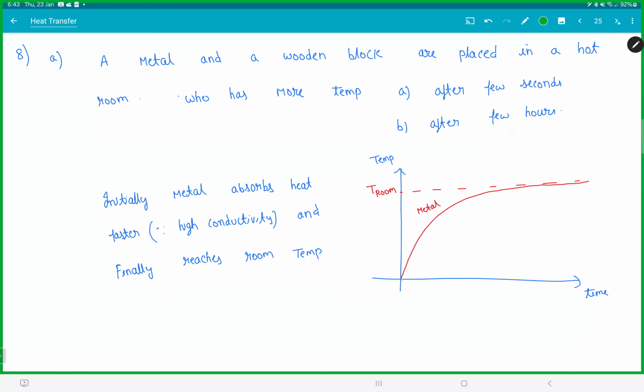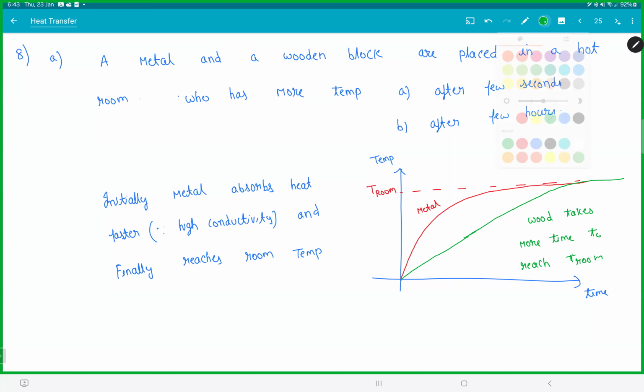Whereas wood will take time gradually, but eventually it will also reach, because of low conductivity. You're getting it? Just after a few seconds, the metal will have more. But if you keep it long enough, both will be the same. Okay? That is the difference there.